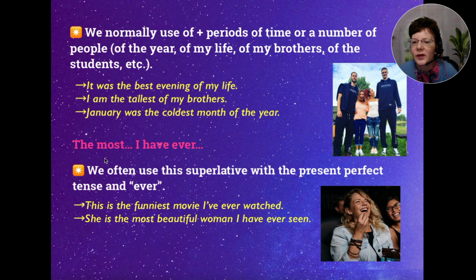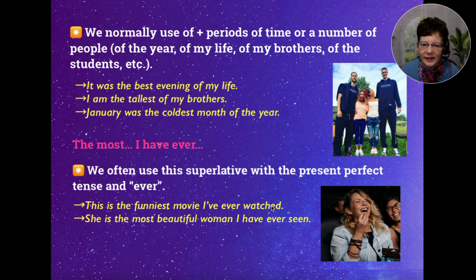Now let's talk about the most I have ever. So we often use this superlative with the present perfect tense and ever. So for example, this is the funniest movie I have ever watched.